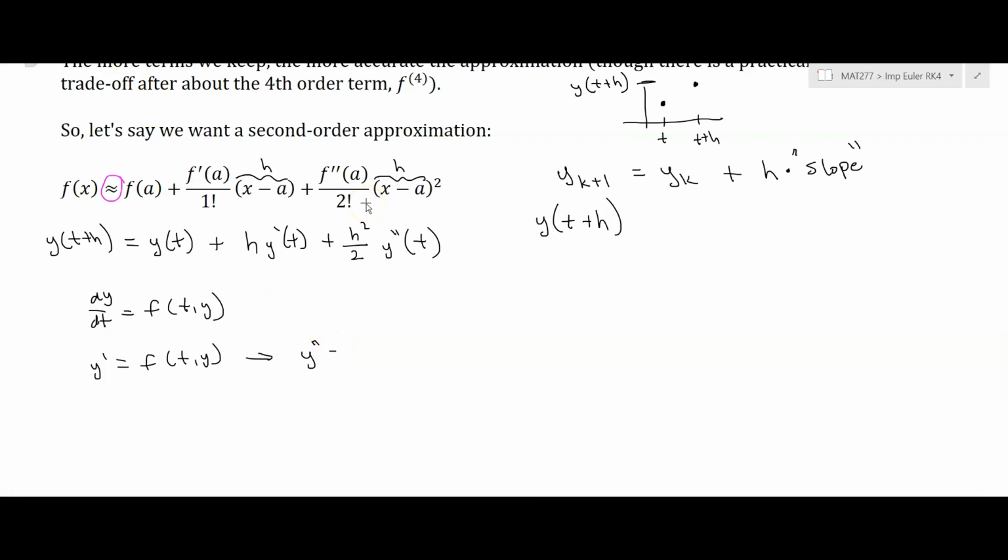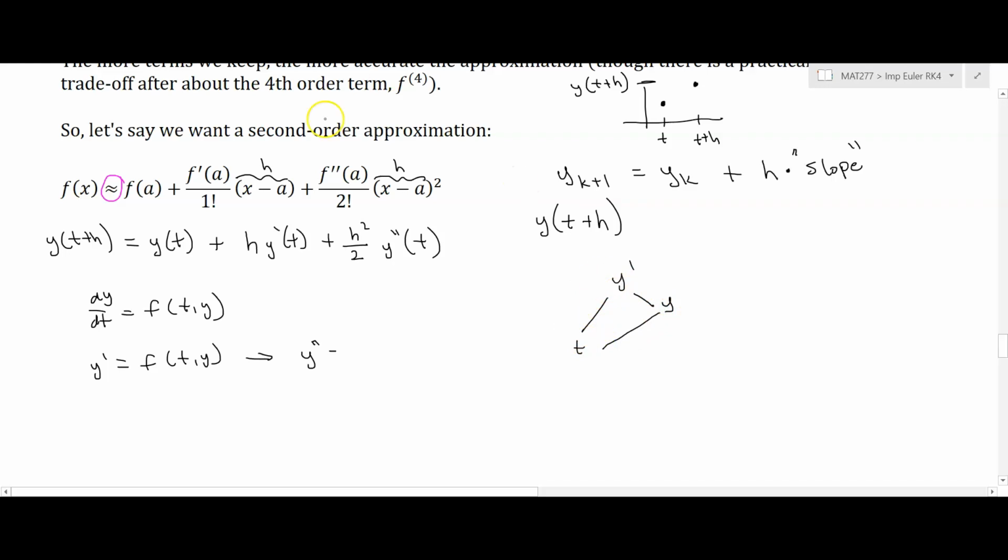If you haven't taken Calculus 3 yet, this derivation may not make a whole lot of sense for this given moment, but if I want to compute the derivative of a function that depends on 2 inputs, which is y prime, we could use the multivariate chain rule, and we have that y prime is a function of t, and it's a function of y, and y itself is a function of t.